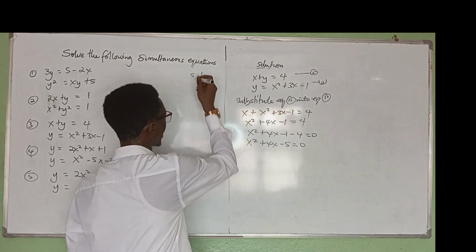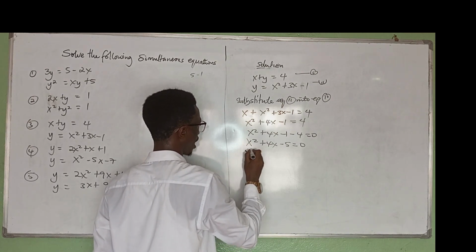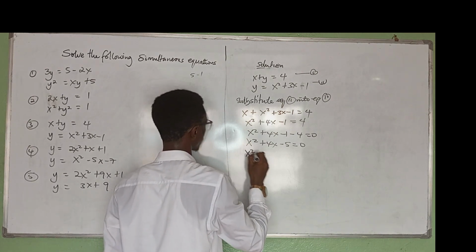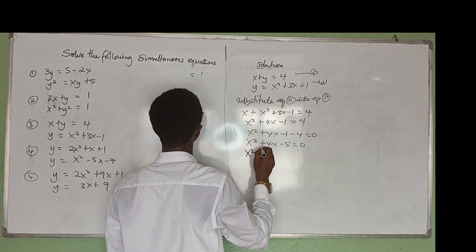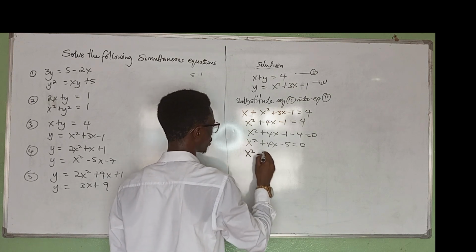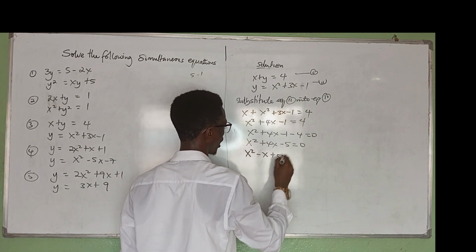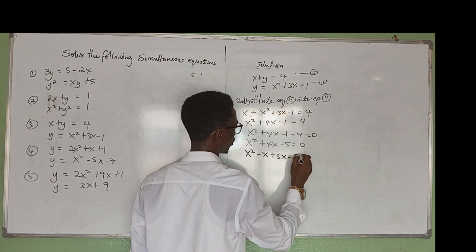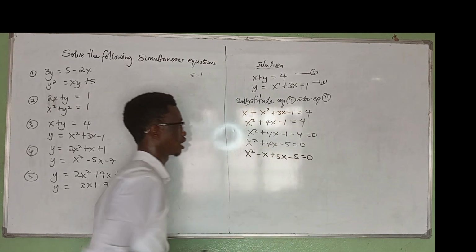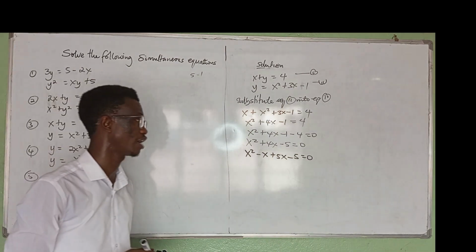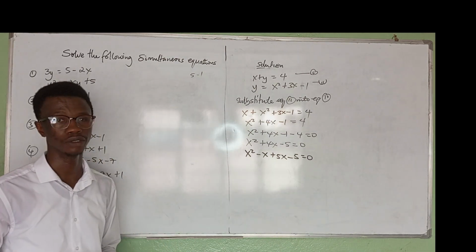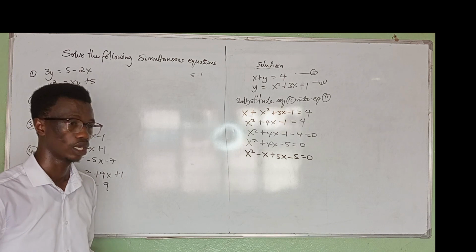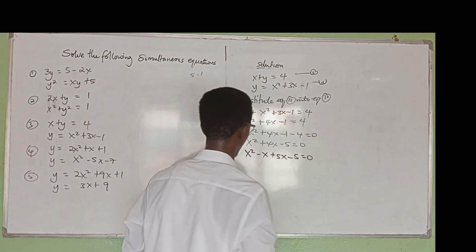So now, since we've identified the numbers, we have x squared, then minus x, then plus 5x. So this and this will give you 4x. Then we put minus 5. Just remember, as I've told you, if you don't know how to factorize a quadratic equation, check my YouTube channel. We've done something like this already.